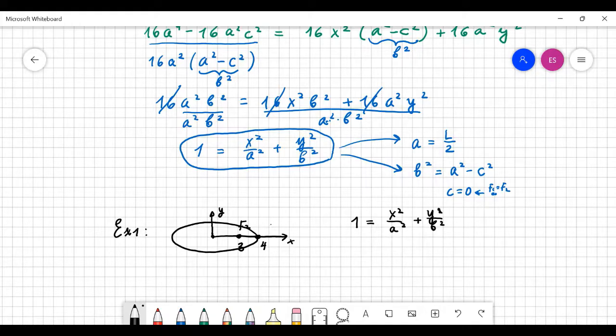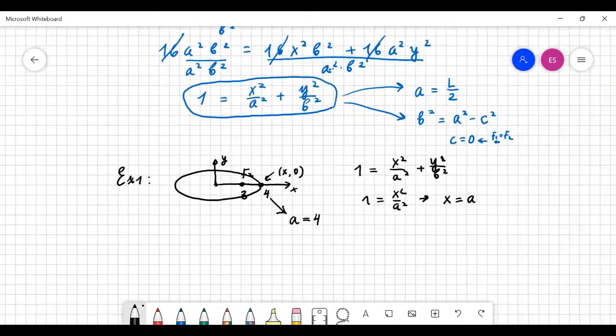This point over here has coordinates some x, in our case 4, and y equal to 0. If I plug y equals 0 over here, I'm going to have 1 equals x squared over a squared, from where x equals a. So actually, the intersection of the ellipse with the x-axis is going to give us a for the ellipse. So we already know that a here is equal to 4.